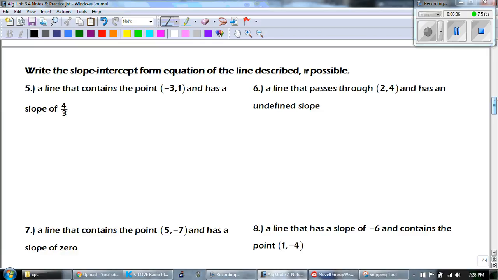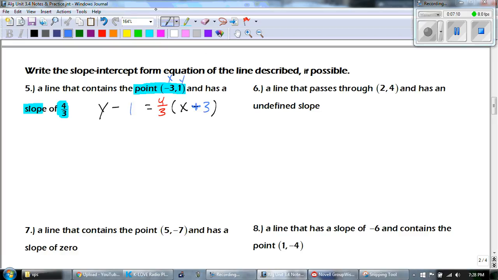On the back now, we have to write the slope-intercept form of the equation of the line described, if possible. A line that contains the point (-3, 1) and has slope 4/3. We're going to use point-slope. I know that my slope is 4/3, and then this is x, two negatives, so that turns to a positive, and there's my y.